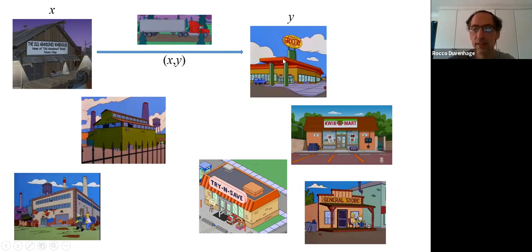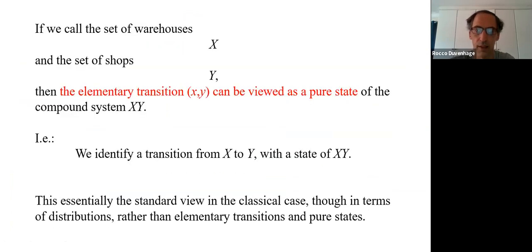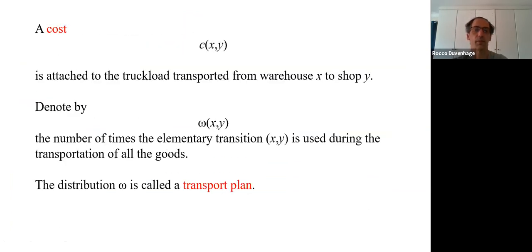This shop may need a certain amount of goods, this shop may need a different amount of goods, etc. So I want to take all of the goods here, some distribution of goods in other words, and I want to transport it to some specified distribution on this side. And the way to do it is to specify how many truckloads have to go from X to Y for every pair XY. And this is called the transport plan.